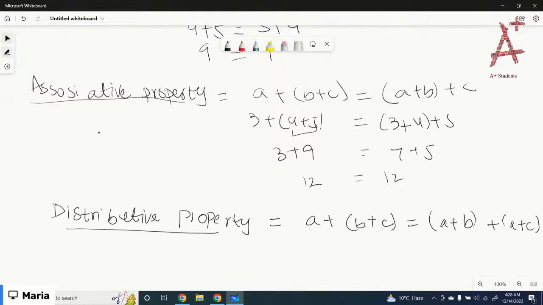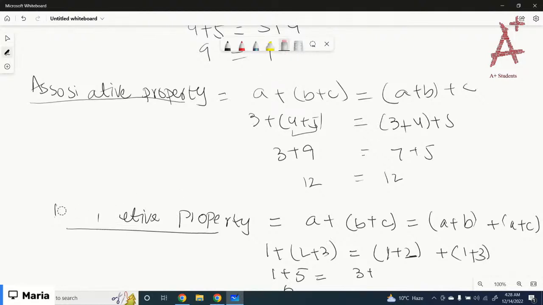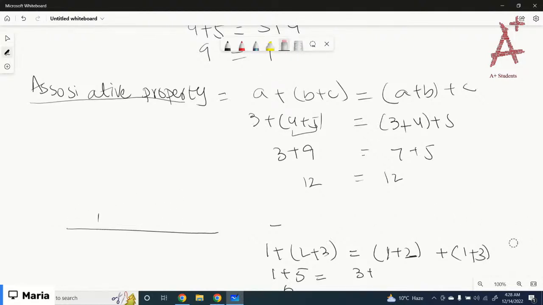For example, 1 plus 2 plus 3, so it is equal to 1 plus 2 and 1 plus 3. When you add the numbers, the answers are the same. 1 plus 2 plus 3 is 6. So 1 plus 5 makes 6, and 2 plus 1 is 3, and 3 plus 1 is... no, I think the distributive property doesn't hold in the case of addition. So leave the distributive property.